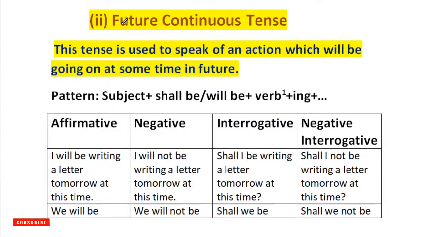Here the action starts in future and then it continues at some point of time in future. Its pattern is subject, shall be, will be, and verb 1 combined with ing.